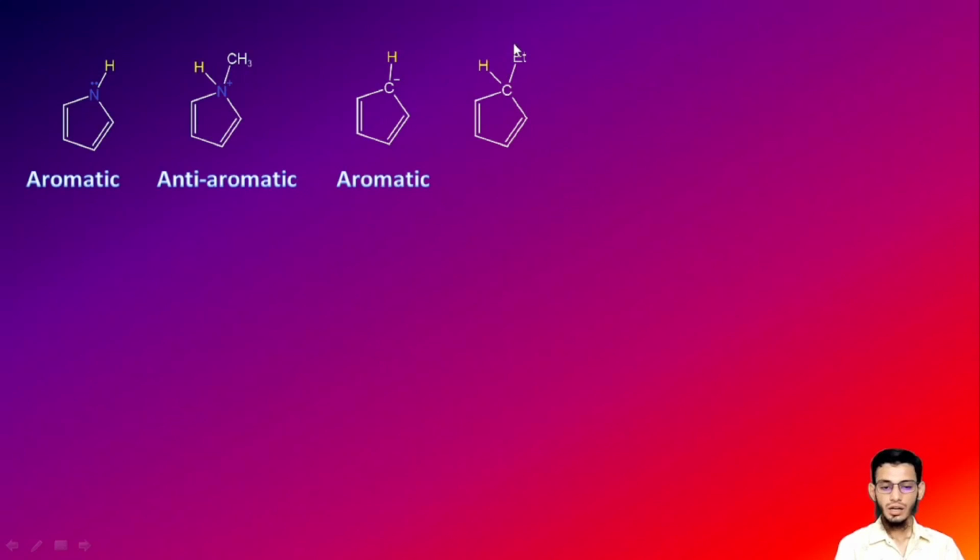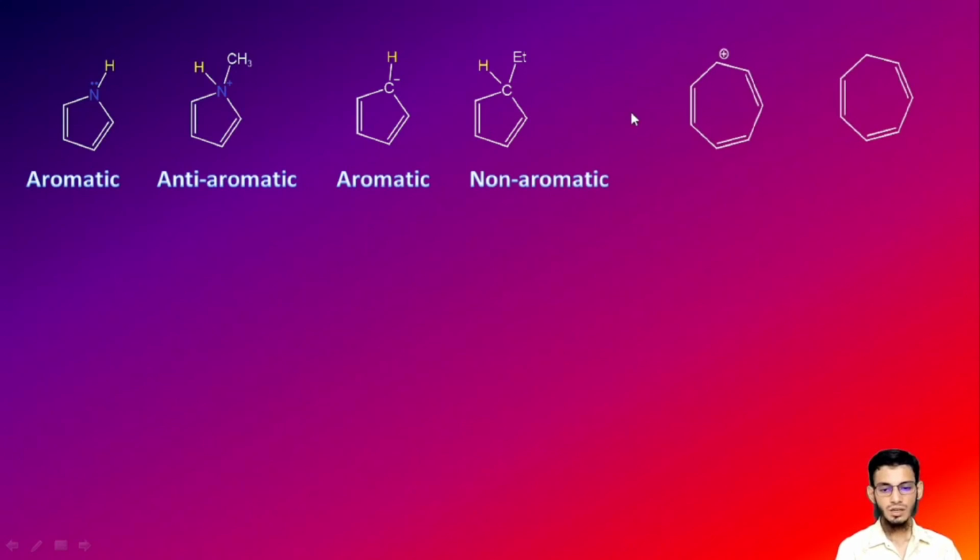So it does not have conjugation in the whole system. Okay, so it doesn't follow one rule, so it is non-aromatic. The example is this. You can see this is aromatic, but why is this not aromatic? Because conjugation is not followed in the whole system. Why? Because this carbon has no positive charge, lone pair or negative charge. So it is simply non-aromatic.